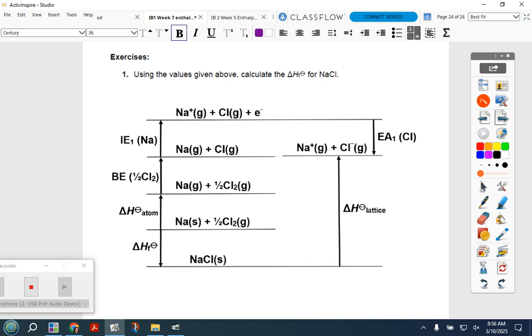We've got our lattice energy, which in this case is going up. That's how we think about lattice enthalpy: how much energy it would take to break that solid crystal down into its component ions, specifically gaseous ions. That's the real definition of the lattice enthalpy, which is written on page 6.